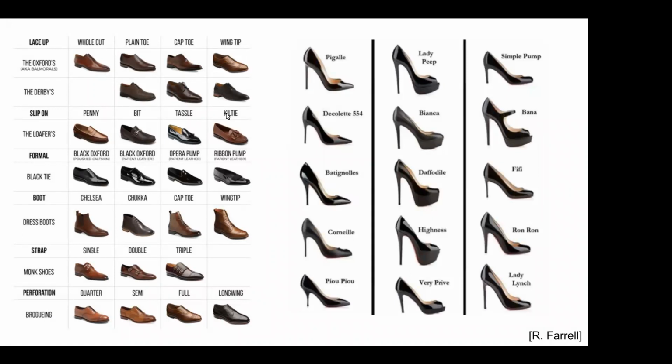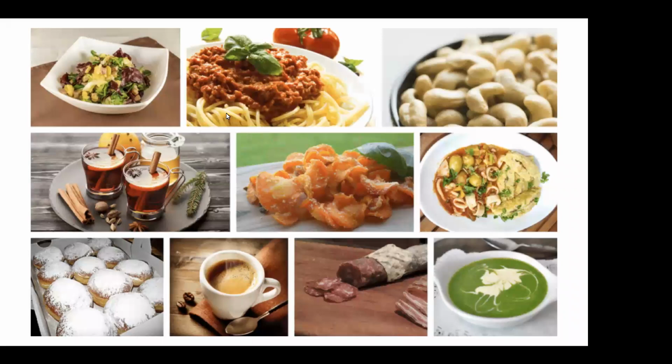So here we have men's shoes and women's shoes, and there's a continuum of heel heights and different types of laces and colors and materials. So there's arguably just as much richness in the features and the hierarchy and the ontology in the man-made world as there is in the biodiversity domains. Food is another domain.